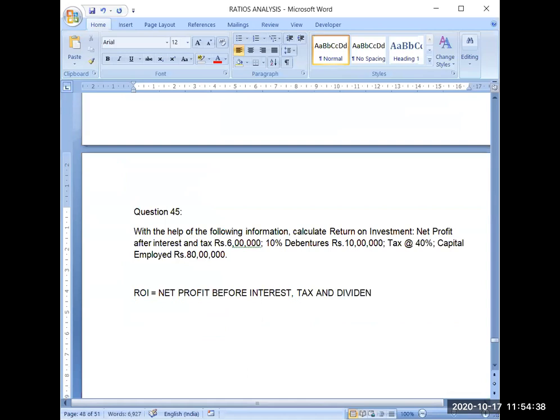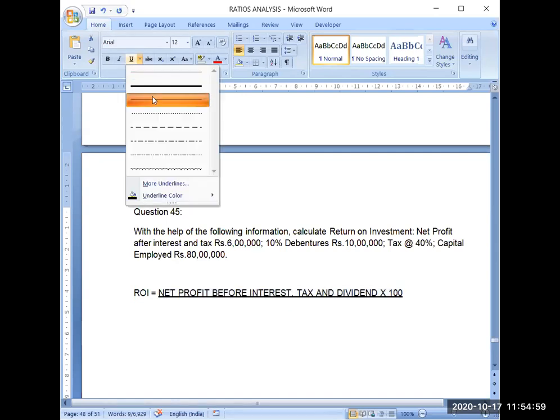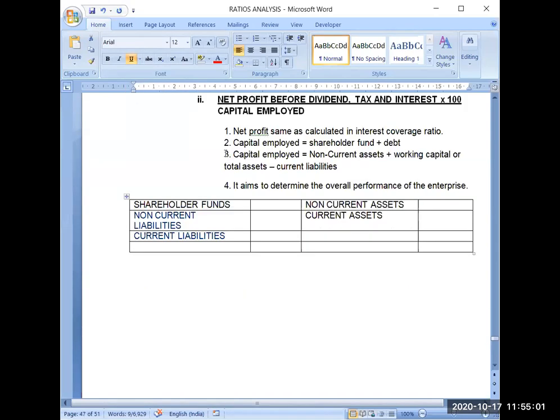Dividend is always paid last, if you remember. So that's why if profit is given after tax and interest, that means it is before dividend. And here it will be multiplied by 100 also. And then in the denominator, I will put capital employed.